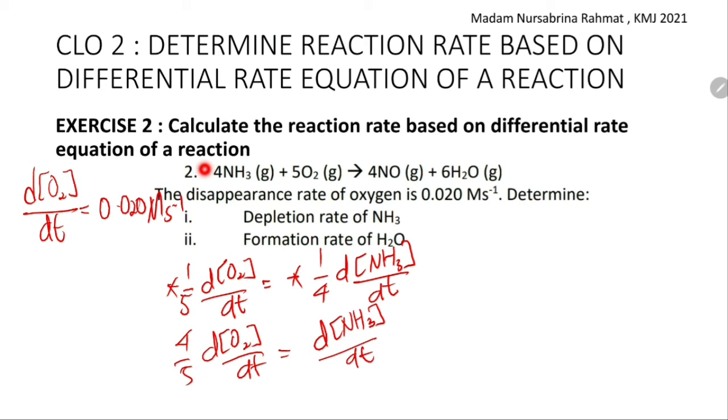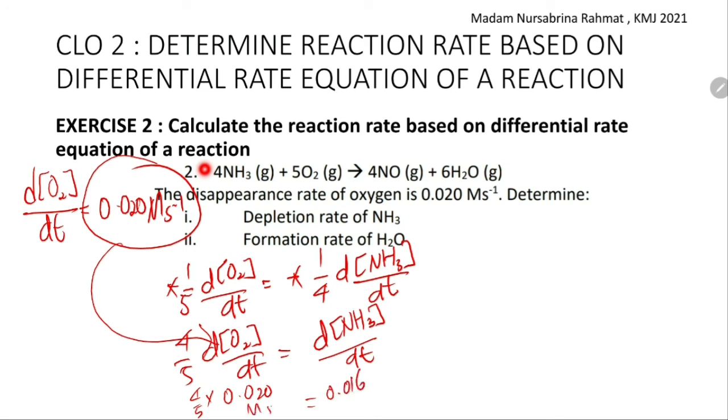Then we're going to substitute the value of the disappearance rate of oxygen into the new formula. So 4 over 5 times 0.020 equals 0.016, which is the disappearance rate of my ammonia.